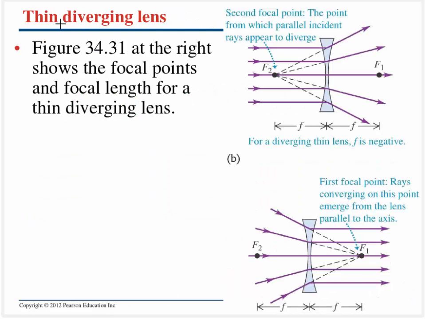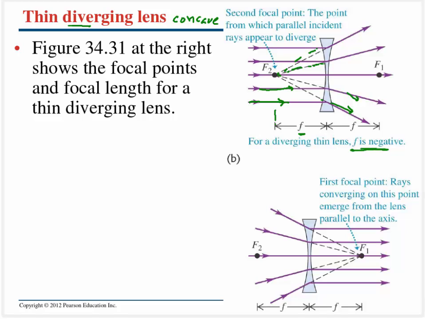We can also have a diverging lens or a concave lens, and what this lens is going to do is bend light away from it. You can imagine light coming in to a diverging lens like this. It's going to spread it out, and it's still going to have some focal length, and if you were to trace all of these rays back right over here, they're going to go to the focal point.